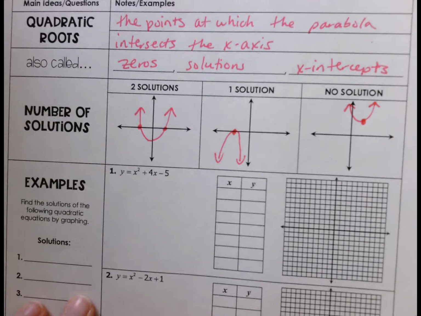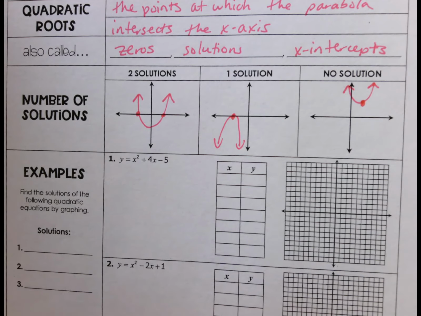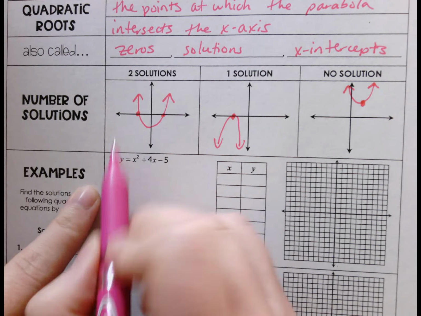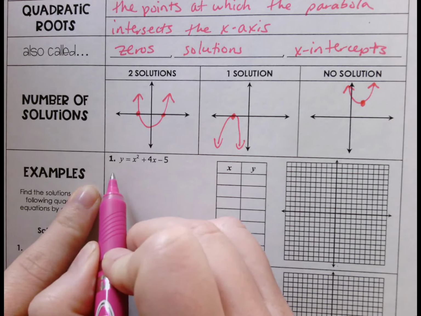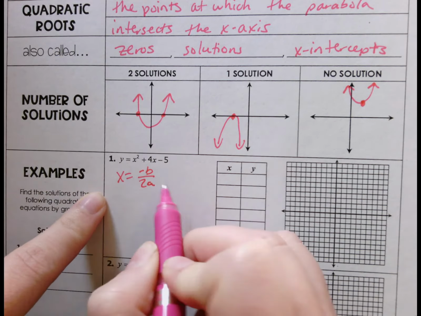So if we look down here at examples. All right, so first off, we need to graph these equations. So we're going to do that, and we're going to find out where it crosses the x-axis. So we're going to do this by hand. First off, we're going to find the axis of symmetry. So x is equal to negative b divided by 2a.